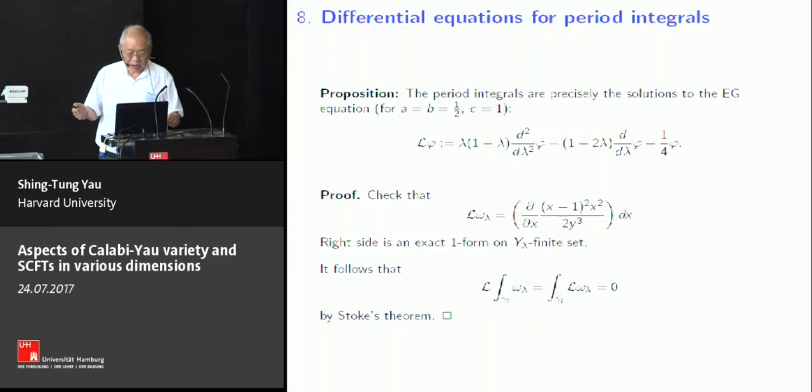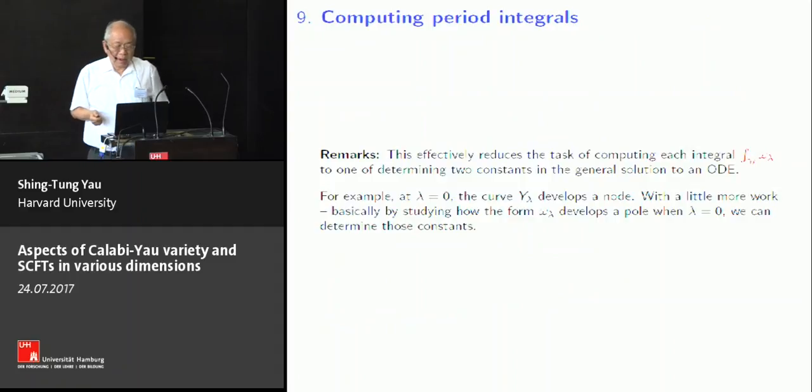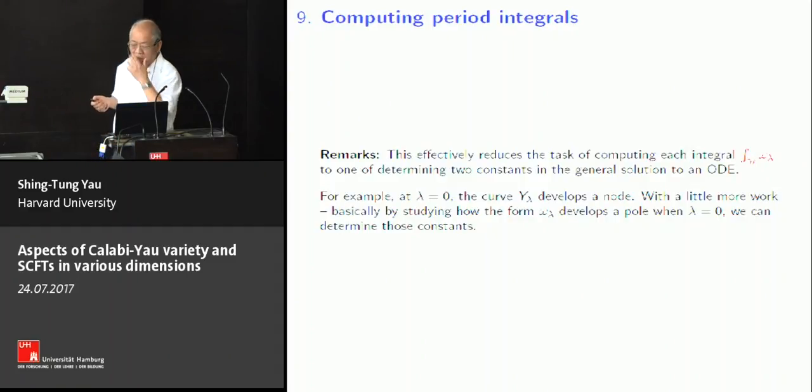And so this is a general theme of how you solve the period integral. The integral satisfies some equation, and therefore you try to solve the equation and know the answer. This is sometimes called the Picard-Fuchs equation, and this gives you a way to calculate the integral.